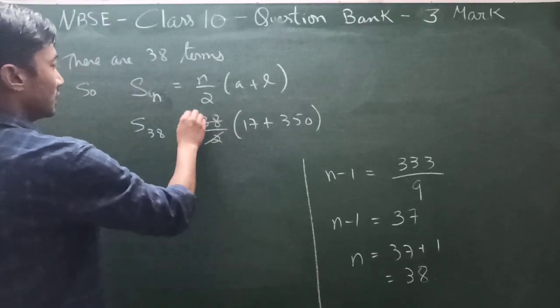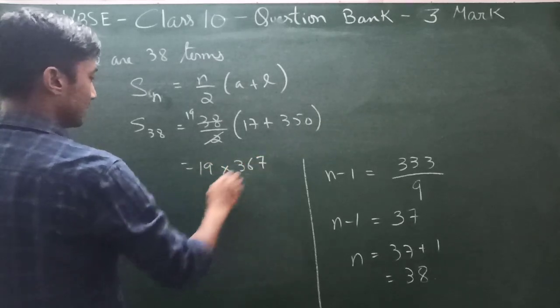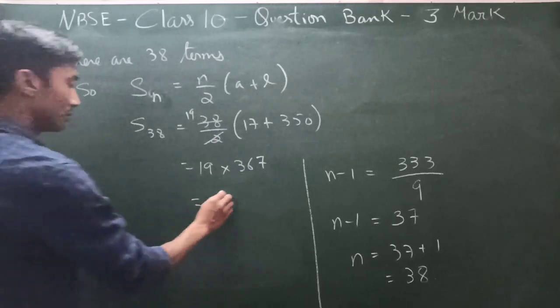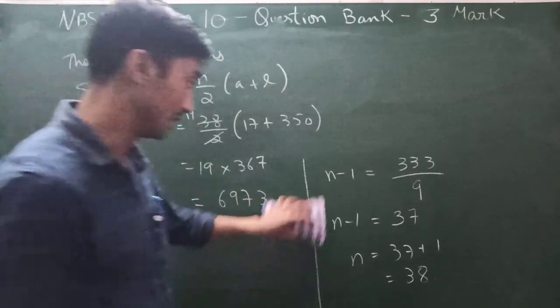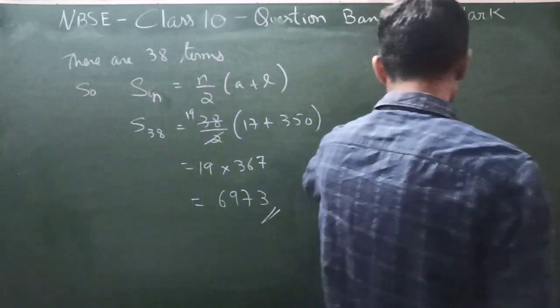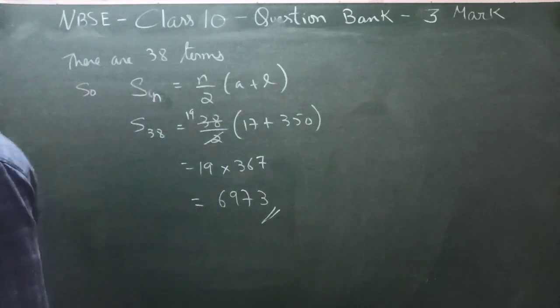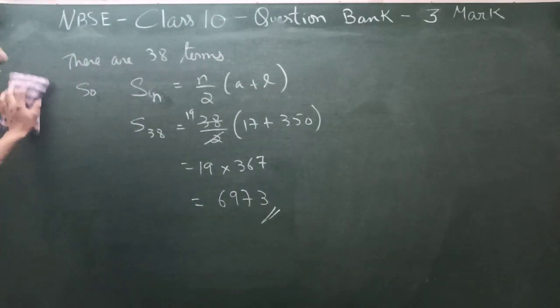So that will be 19 into 367. 19 into 367 will be 6,973 after multiplication. Alright, those are finished. You can pause the video there and note down. Alright, I'll rub it off.